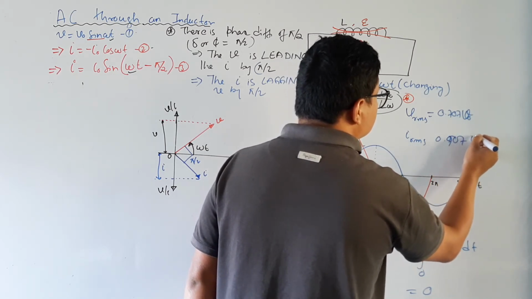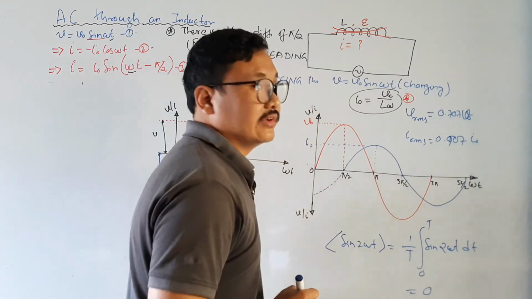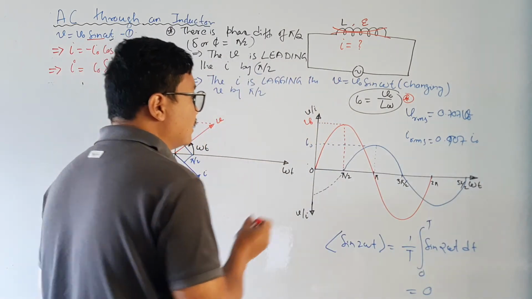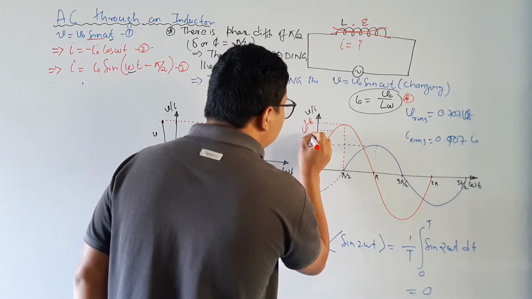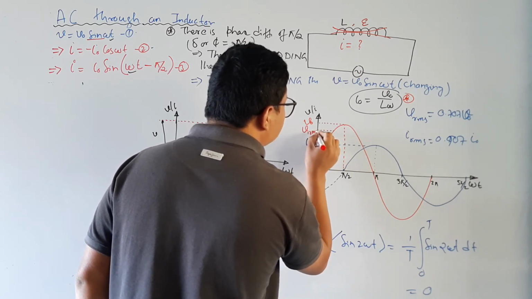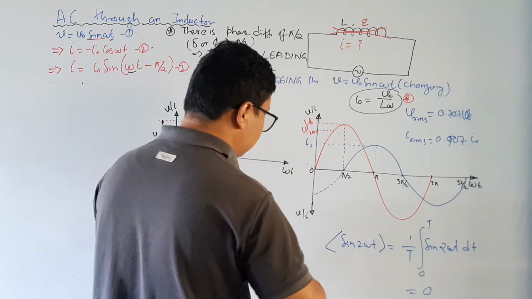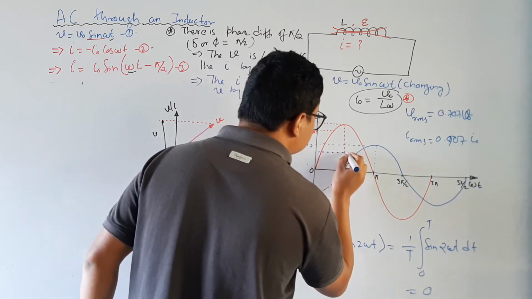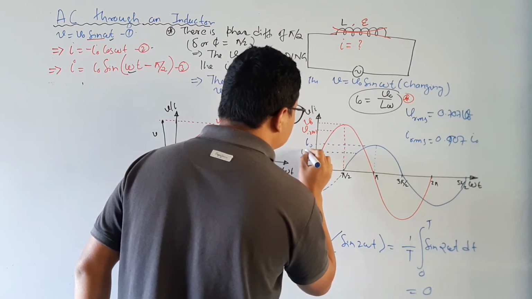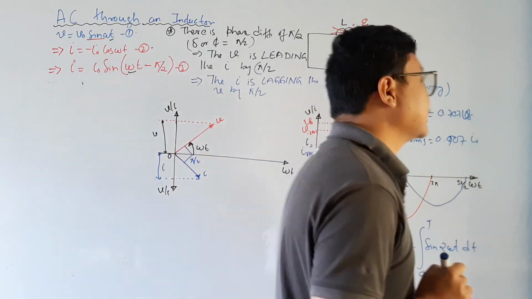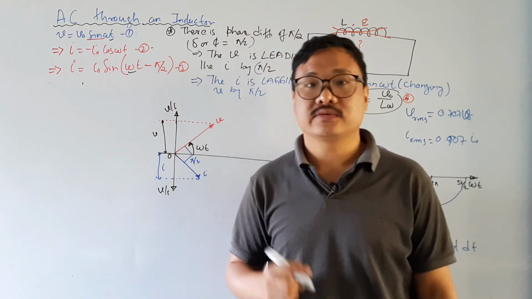These are the values that we measure, which are quite less than V0 and I0. So this will be VRMS, and this will be IRMS. So we only measure RMS values of current and voltage.